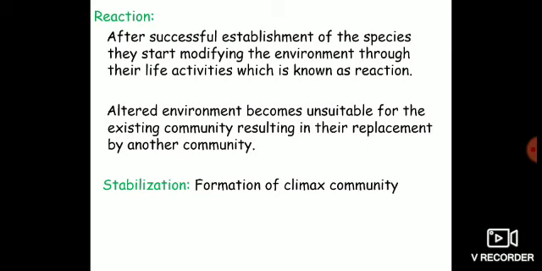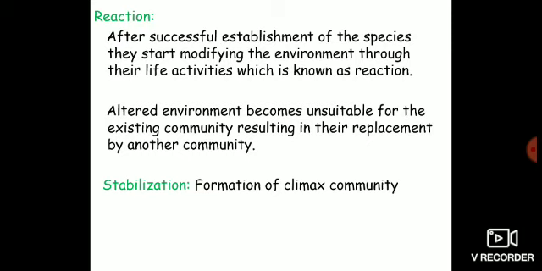Reaction has taken place. For example, they are also assisting in the process of weathering of rocks. That means reaction has taken place. And some organisms, for example some microbes and fungi, help in the formation of humus. That means they are reacting. Once the reaction has taken place, the environment has been altered, and this alteration creates an unstable environment for the existing community.